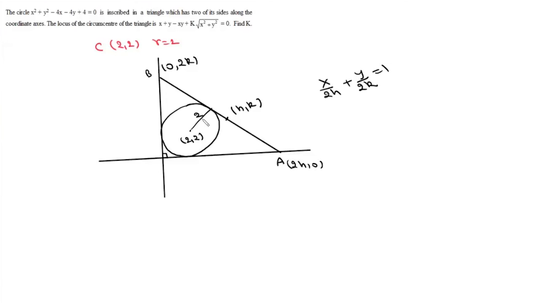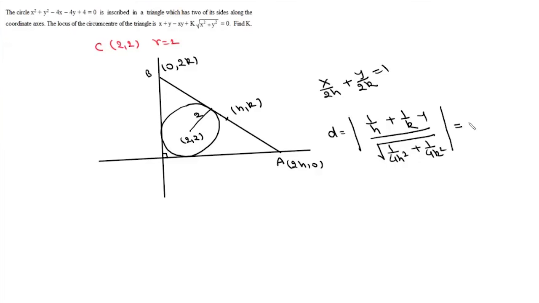That means the perpendicular distance from the center must be equal to its radius. Now the perpendicular distance from the center will be simply |1/h + 1/k − 1| upon the square root of (1/4h² + 1/4k²), and it should be equal to its radius, which is 2 units.